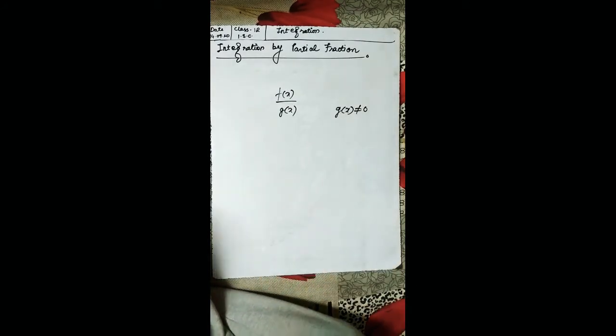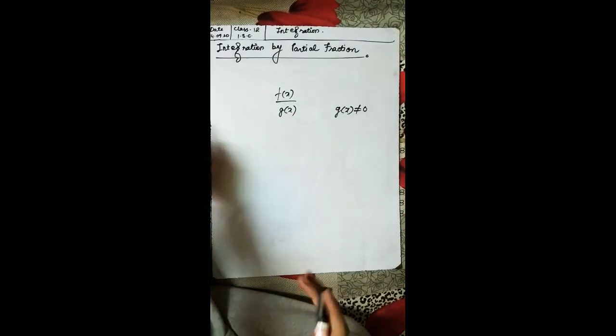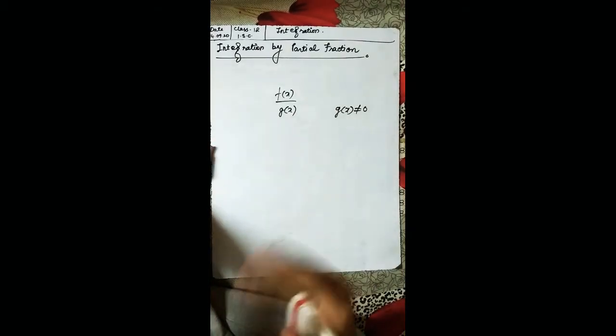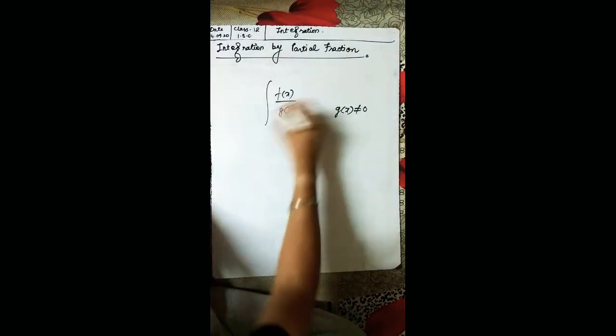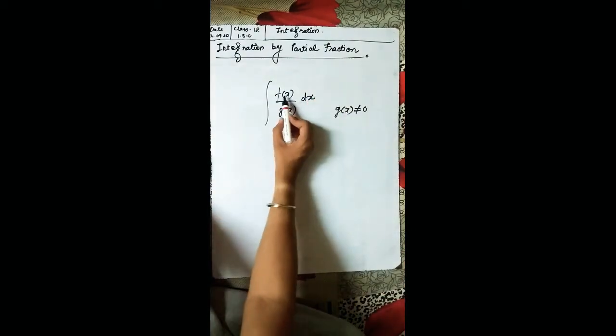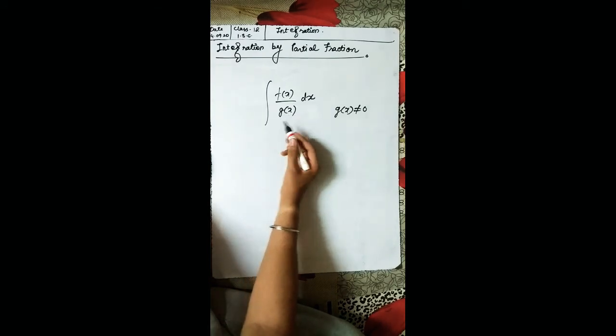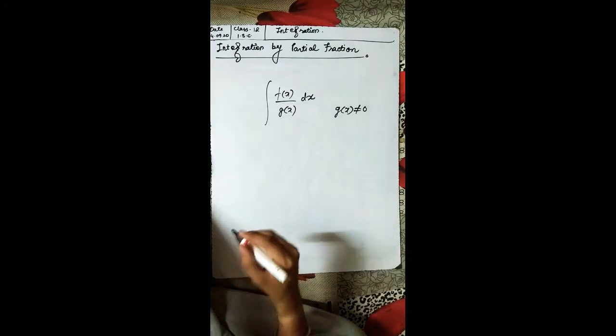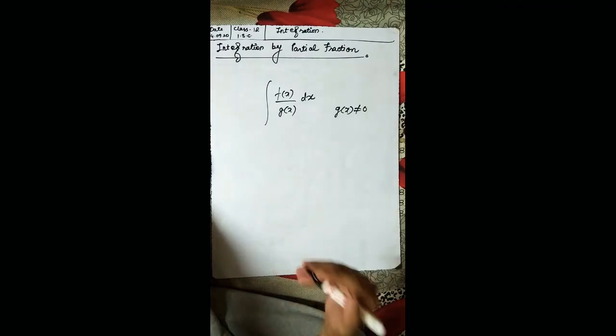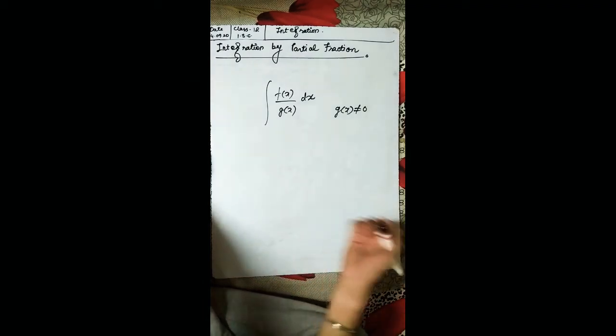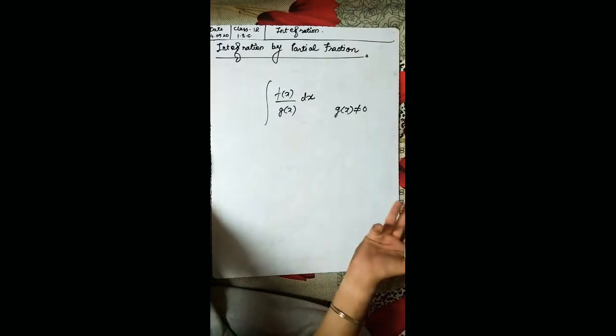Sometimes in integration you will see such a case where you have some function of x in the numerator and some other function of x in the denominator. It would be somewhat typical for us to solve if we go with the general methods of integration, like substitution or direct integration.